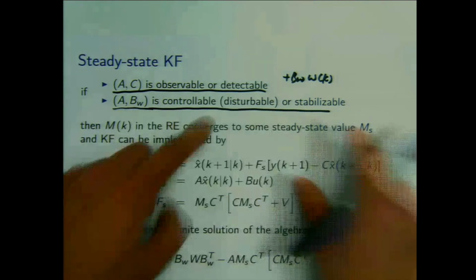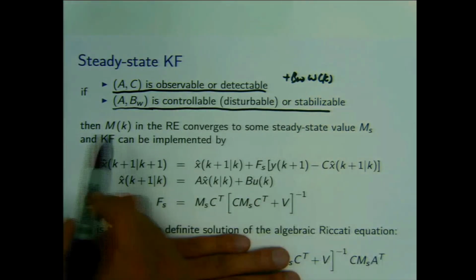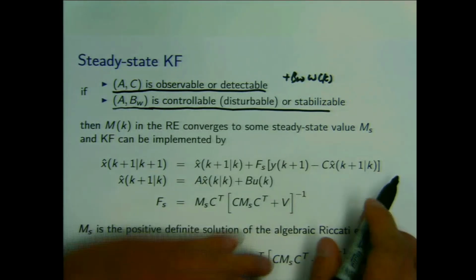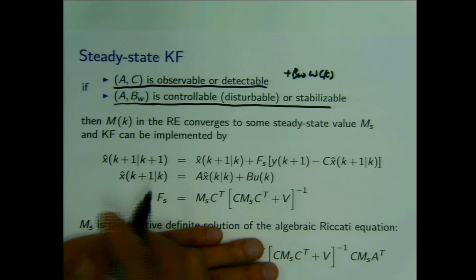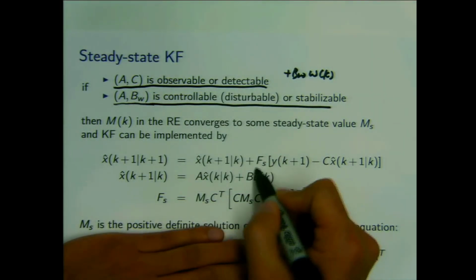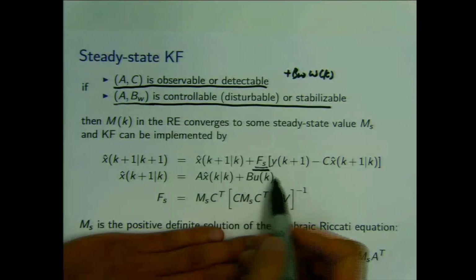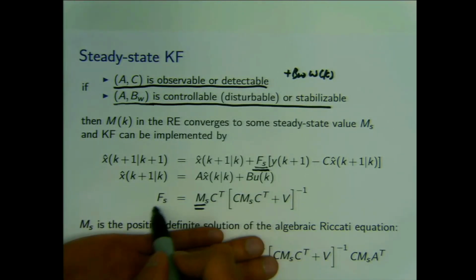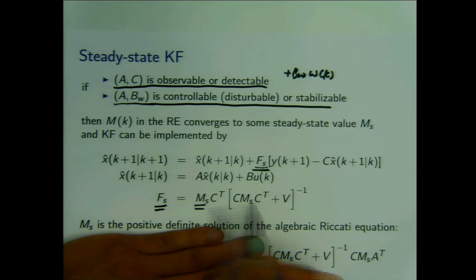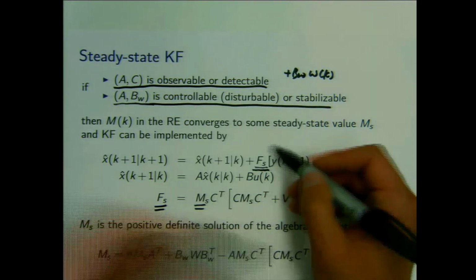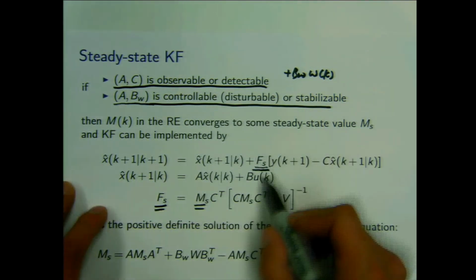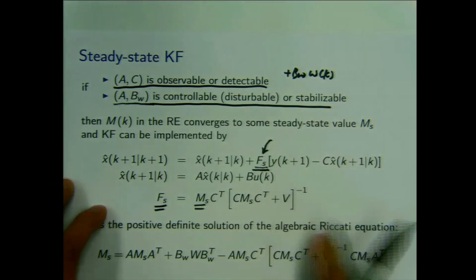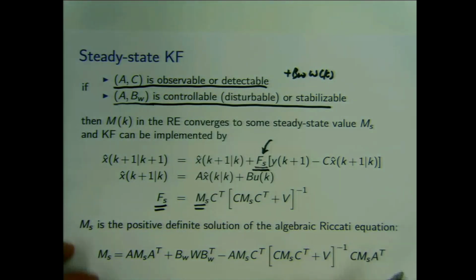That's the mathematical expression. Then the Riccati equation is going to converge to the steady state value. This gives us the benefit that we can now use constant matrices in the Kalman filter, because M converges to a constant, so F converges to a constant. This further simplifies the computation, in the sense that we're just running a constant gain observer in the actual implementation.